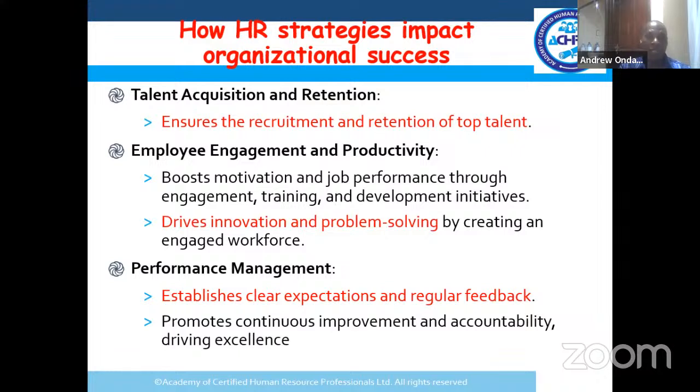Again, if you look at point number two on performance management, I have indicated there that it promotes continuous improvement and accountability. How is it linked to performance management? That in performance management, we set targets and measure performance against those targets.